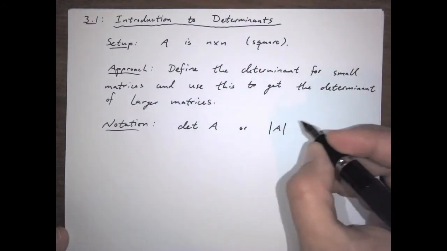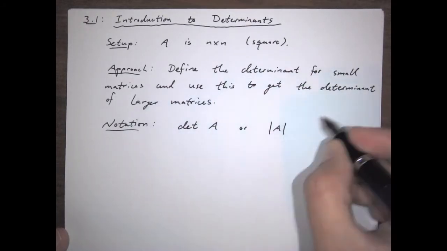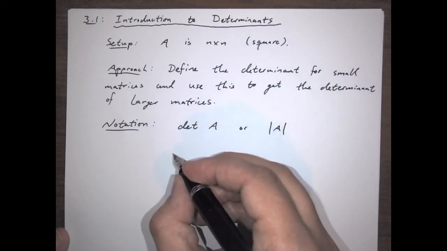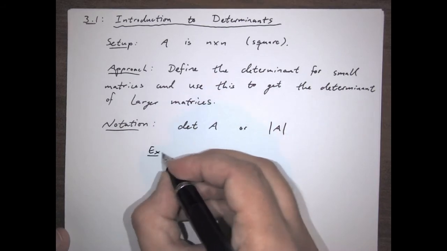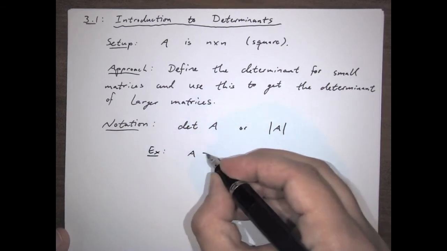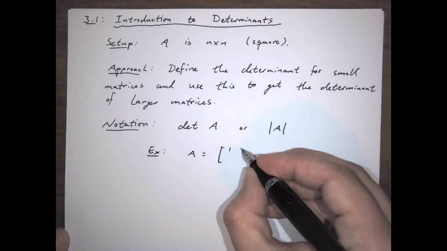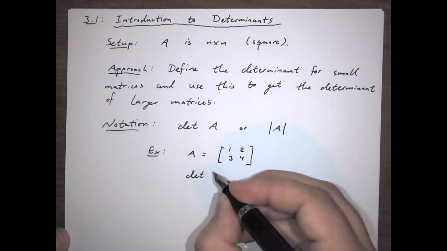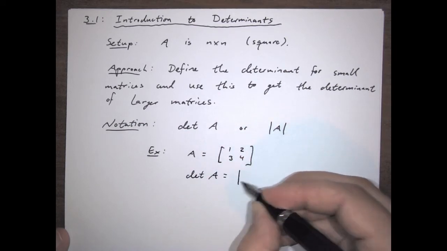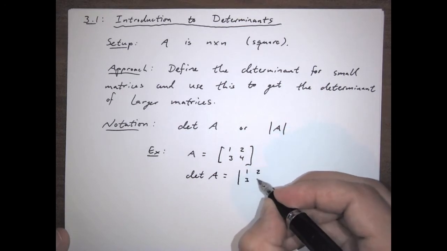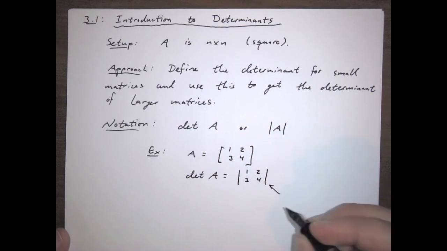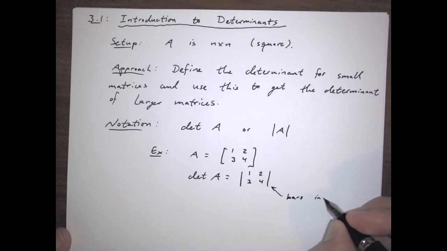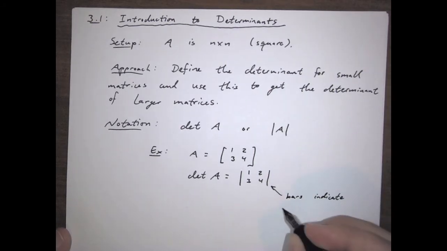So for example, if A was a little 2 by 2 matrix, then we could write the determinant of A, and so we use these bars to indicate a determinant.